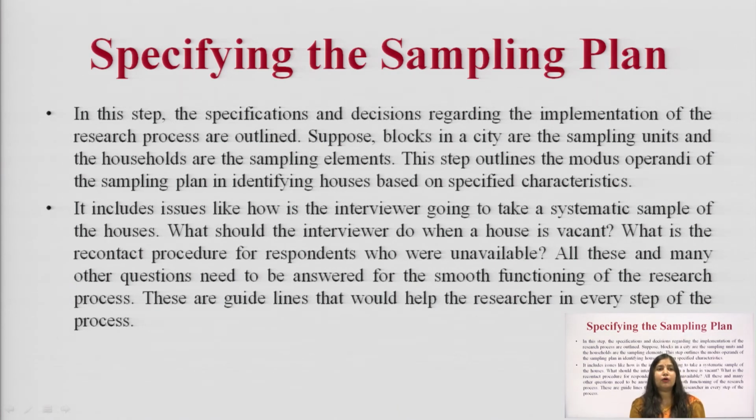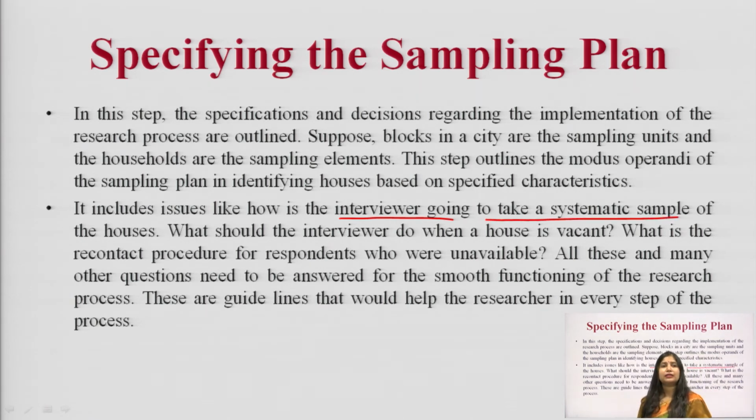Suppose the blocks in a city are the sampling unit and the household is the sampling element. Then these steps outline the modus operandi of the sampling plan in identifying households on specific characteristics, and it includes issues like how the interviewer is going to take a systematic sample of the households, meaning how they are going to collect.